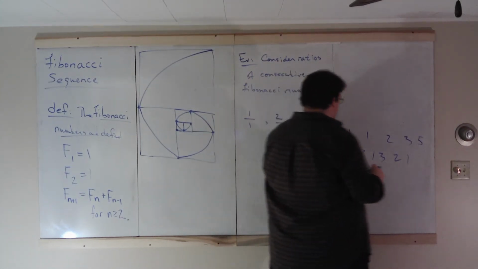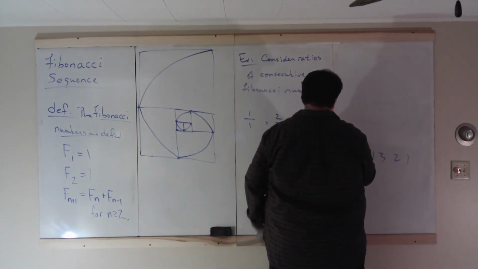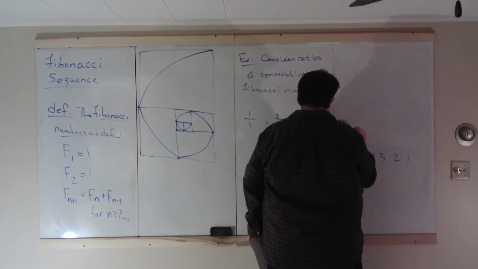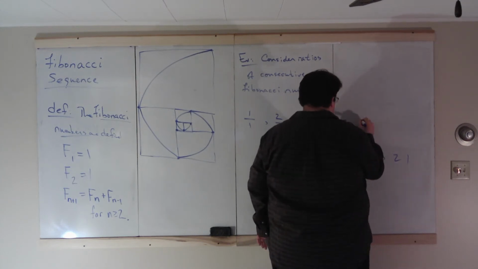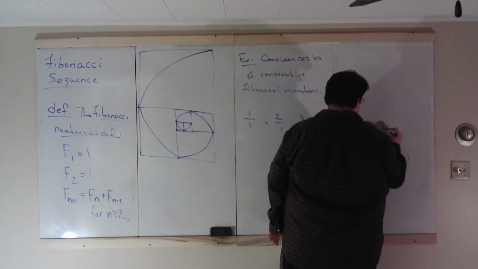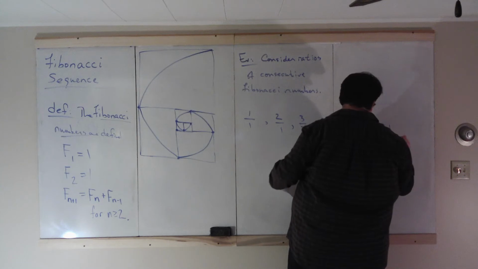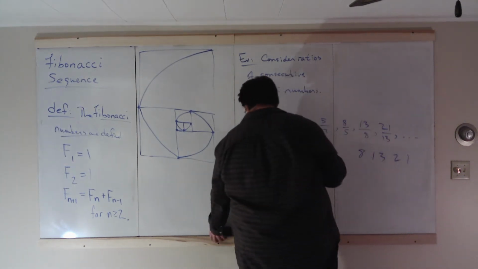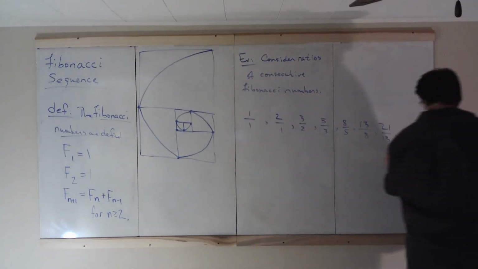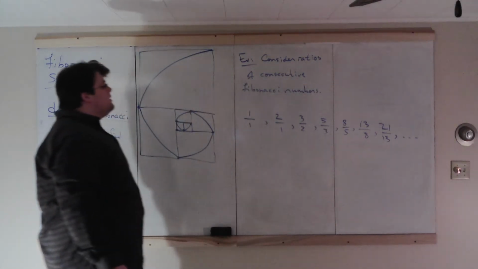Sixth to fifth, 8 to 5. Seventh to sixth, 13 to 8. The next one, 21 to 13. How many did I write out here? That's the last one I wrote out. You can keep going, 34 to 21, 55 to 34, 89 to 55, and so on.